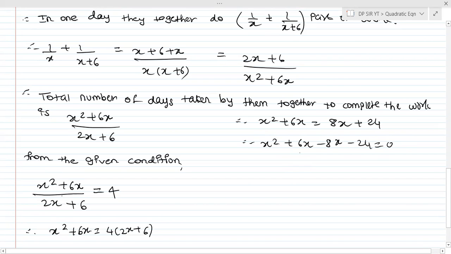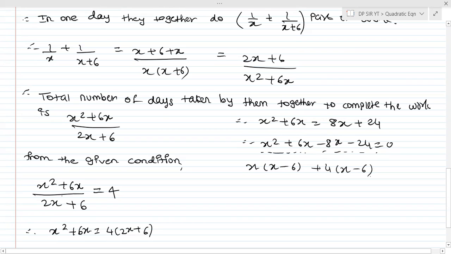Do factorization part बच्चों. So either here it would be x bracket में x minus 6 and plus 4 आ जाएगा बाहर. I think so.